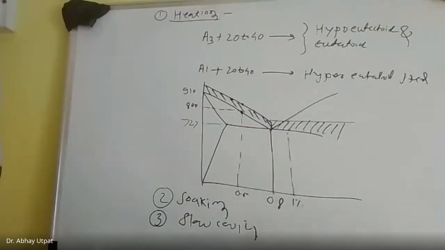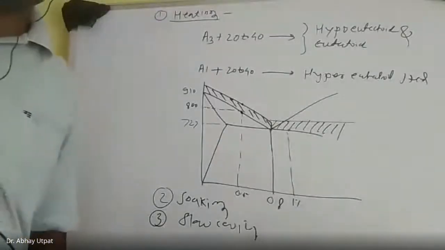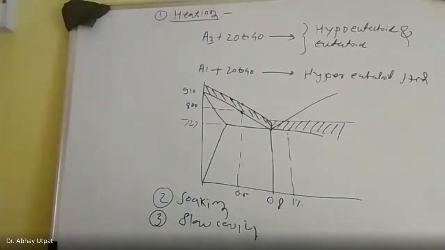Cooling rate is around 30 to 50 degrees Celsius per hour.